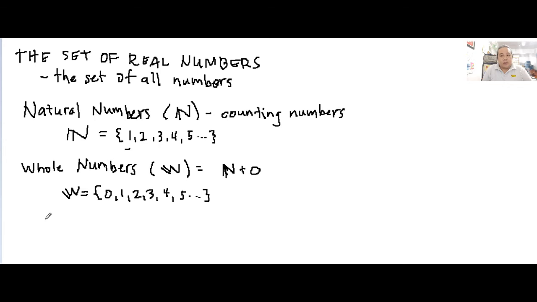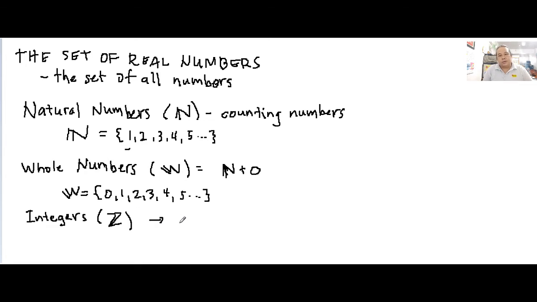Then the next bigger set is the set of integers. So the symbol for the set of integers is capital Z. So basically, the set of integers is just your set of whole numbers, and you just add the negative counterparts.